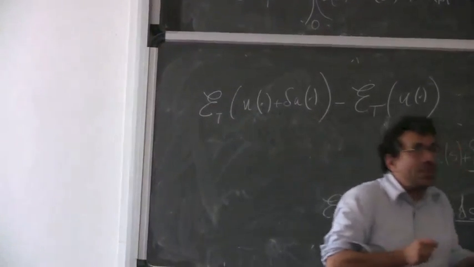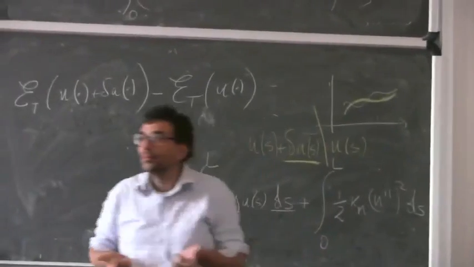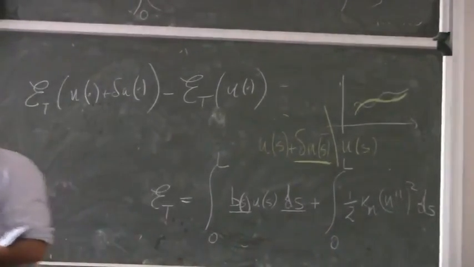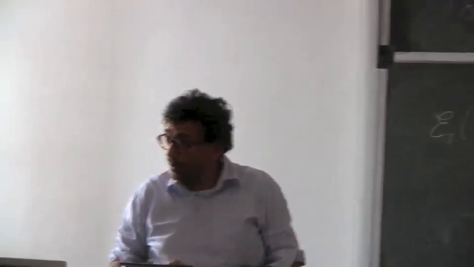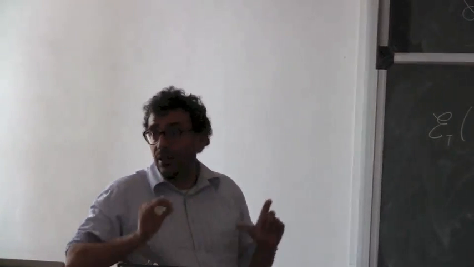You cannot change independently delta u s and delta u s second. This is a technical difficulty, because we need an expression in which only delta u s is applied.